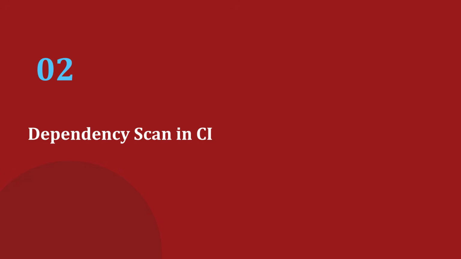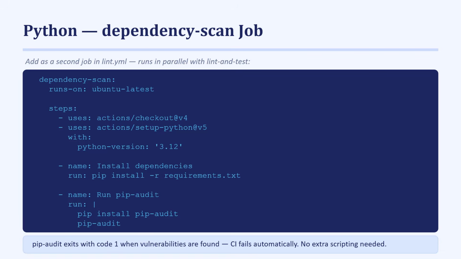So let's talk about how we run that dependency scan in our continuous integration pipeline. Starting with Python, pip audit, maintained by the Python Packaging Authority, is the official recommendation for Python dependency scanning. It's going to check installed packages against the Python Packaging Advisory Database, and it's going to surface up if there are any problems that we need to address.